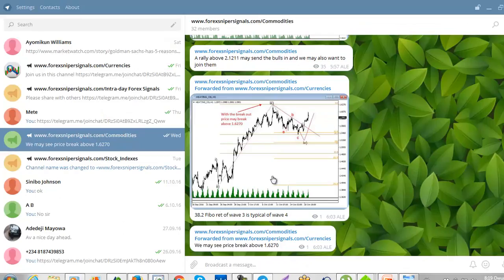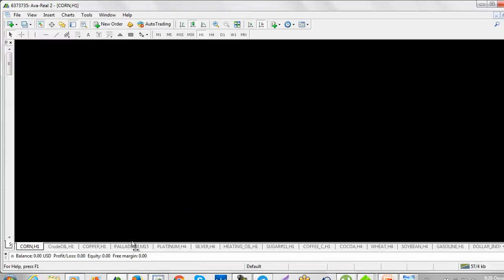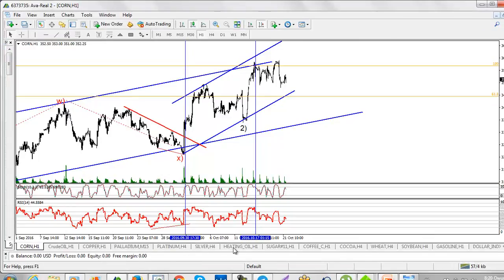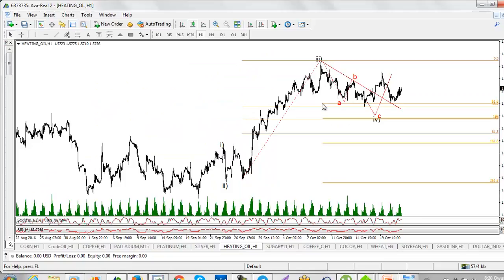Now what happened to the heating oil? The heating oil actually, after breaking out of that level that we looked at, came back to that zone to retest it. Breaking out of this line to retest it, and it looks as if price is going to go upside.